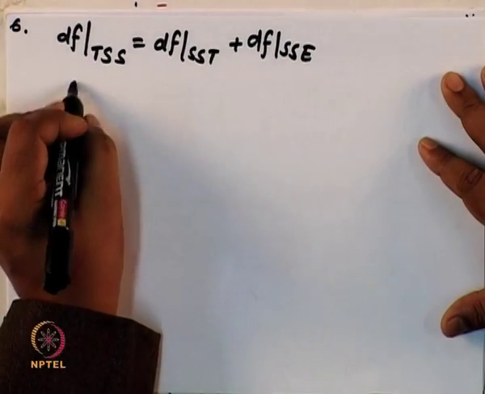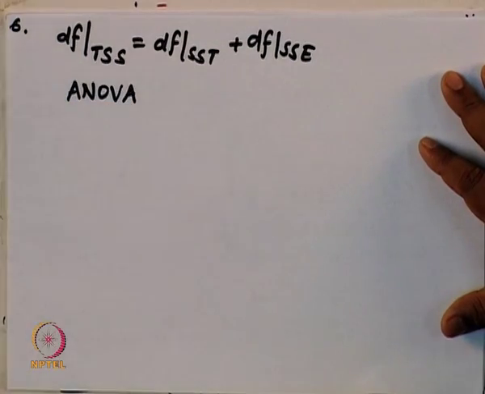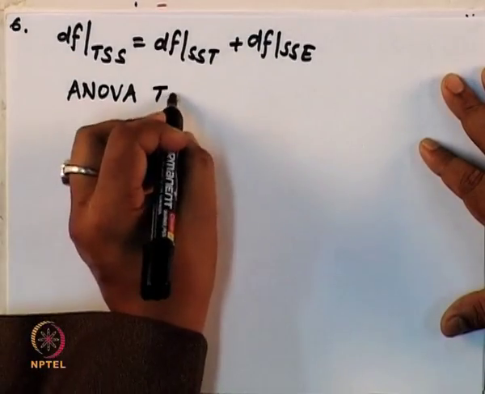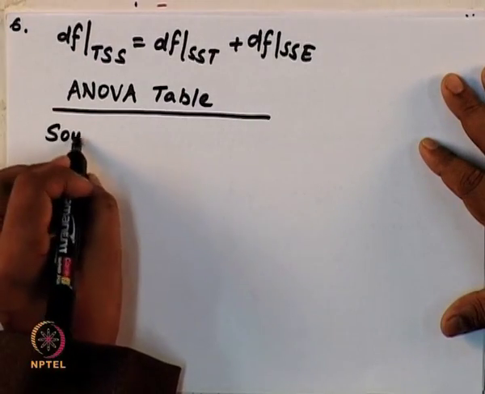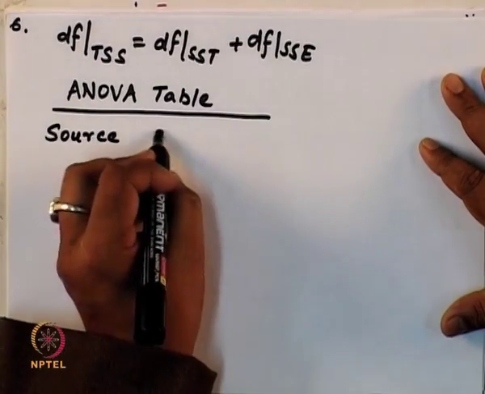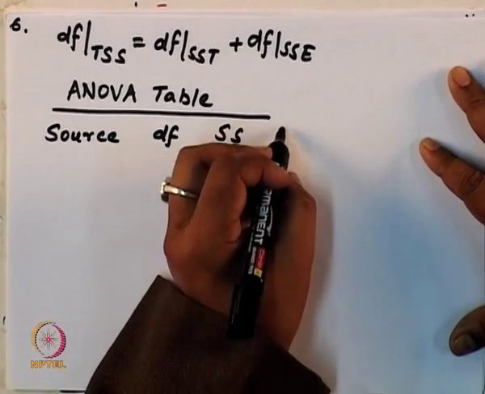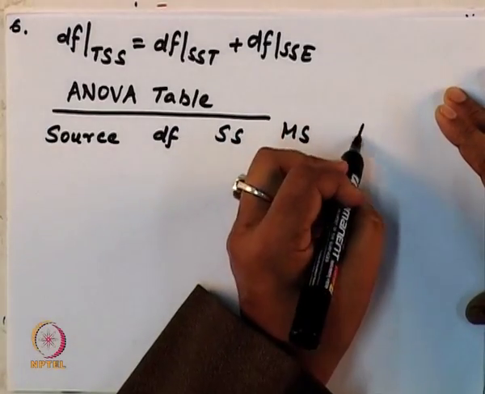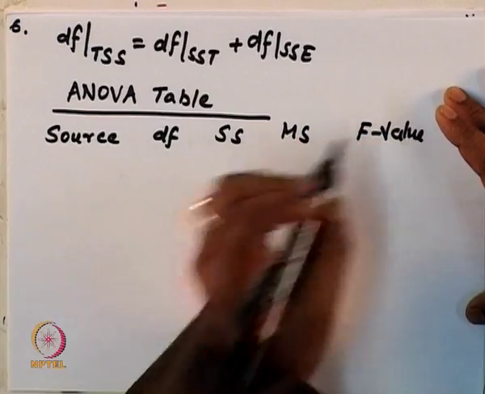And you can formulate the Anova table, and it is given by: you have source, the degrees of freedom, the sum of squares, the mean square, and based on this you can compute the F value.